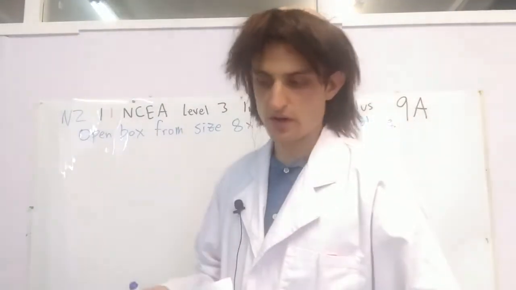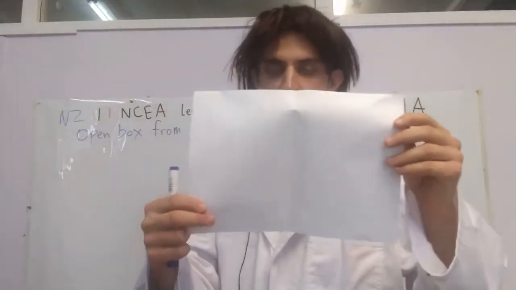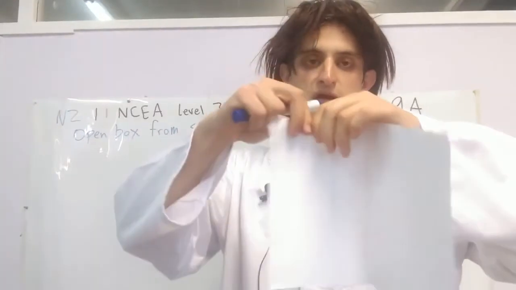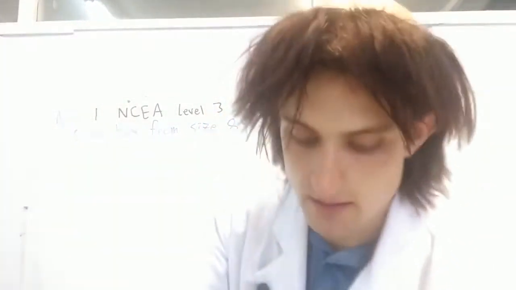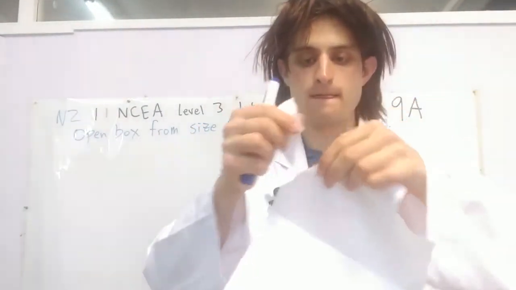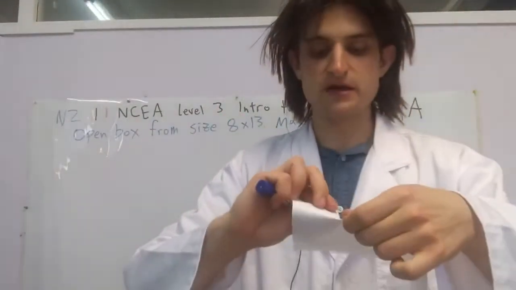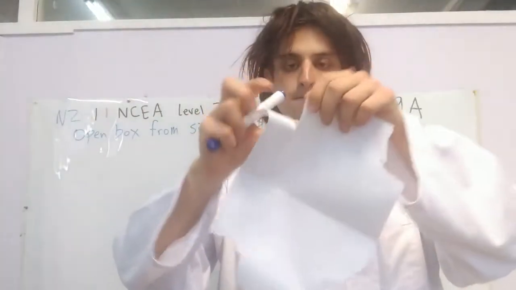Basically, what we want to do is, imagine this is a piece of paper. We want to cut out a square from here, a square from here, a square from here, and from here.